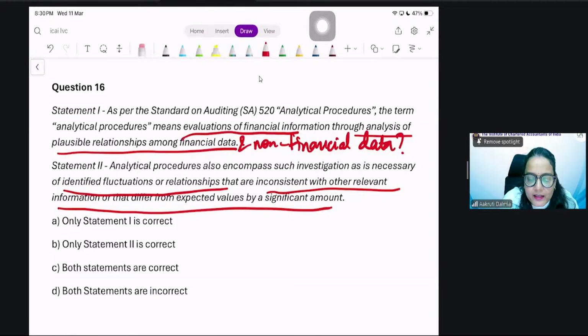Statement 1 is correct. Is statement 1 correct? Tell me now. Then how did you say statement A is correct? These are the mistakes you make in the exam. You don't take time to read the question properly. Only statement 2 is correct.